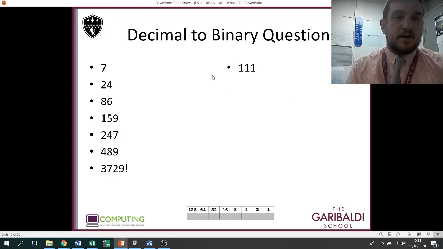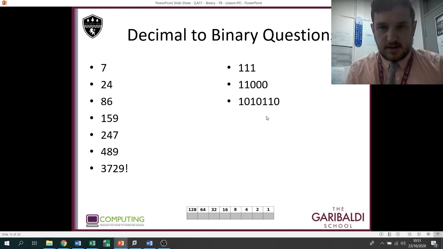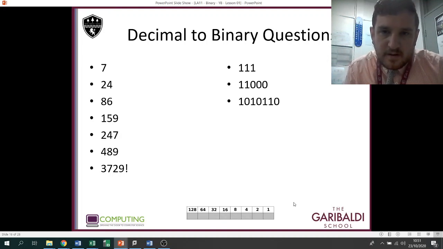If you've done it like I've said, you will have zeros, so you should have at least 5 zeros in front: 0, 0, 0, 0, 0, 1, 1, 1. Next one, 24. Again, it should be 0, 0, 0, 1, 1, 0, 0, 0. 86 should be 0, 1, 0, 1, 0, 1, 1, 0.